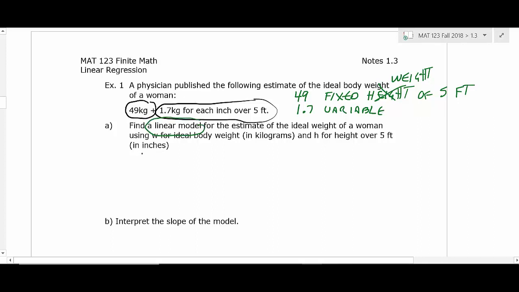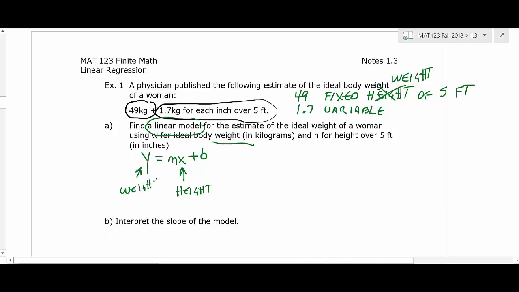So what we're used to having is y equals mx plus b. That's what we're used to having. But the variables are different now. x is going to be the height, and y is going to be the weight. There, w is the weight, and we're going to use h for the height.